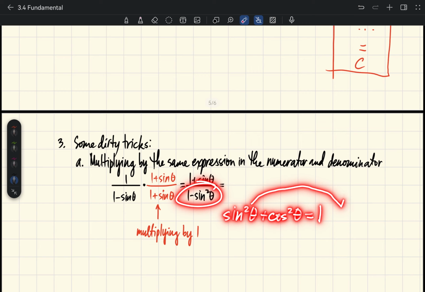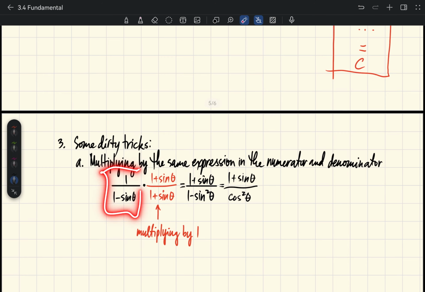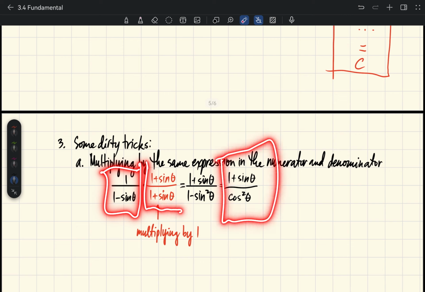Then transposing sine squared theta to the other side, we have cosine squared theta equals 1 minus sine squared theta. So we can write this as 1 plus sine theta over cosine squared theta. So this is a very neat trick, since what we're doing is given an expression, we are rewriting it into an entirely different manner just by multiplying by 1.